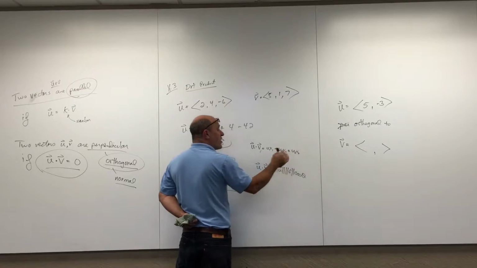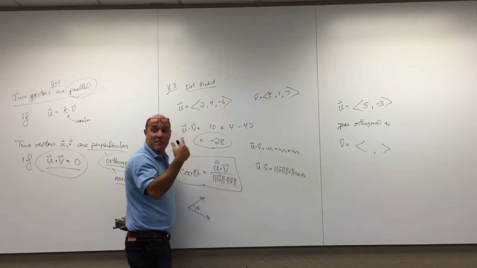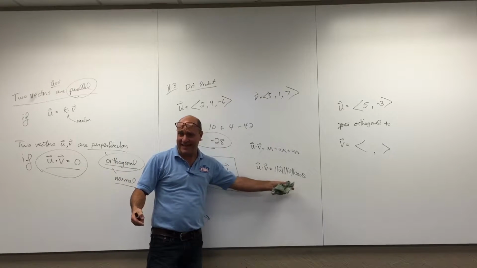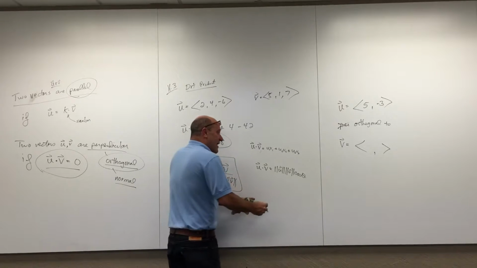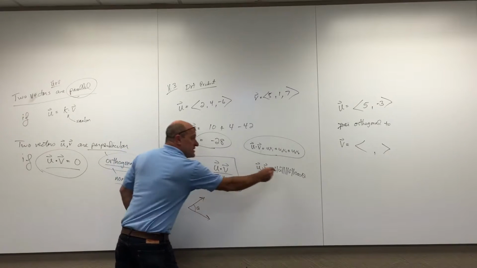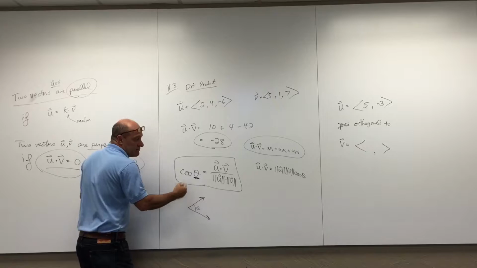If you have the components of the vectors, you do a dot product like that. If you have the magnitudes of the vectors and happen to know the angle, maybe you do a dot product like that. We tend to do dot products the first way, and then we tend to use this formula in this form to find the angle.